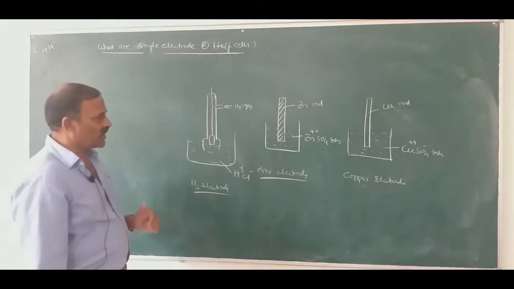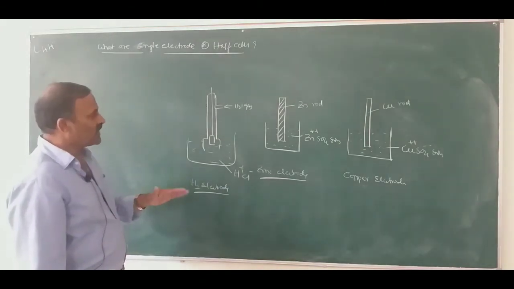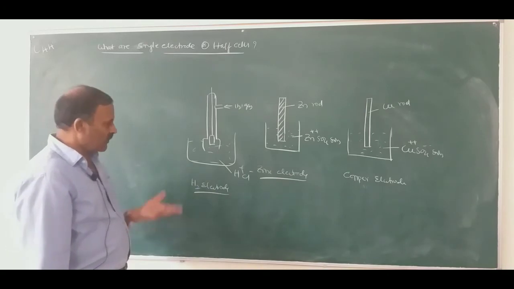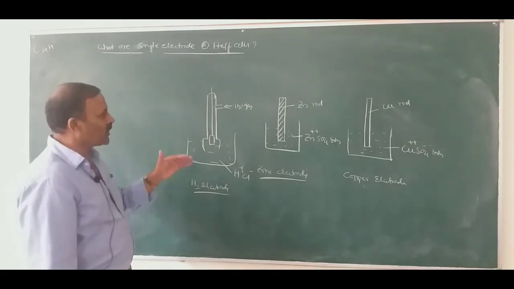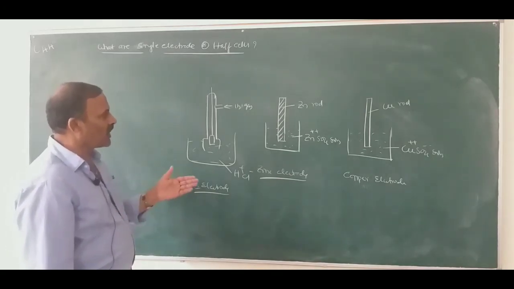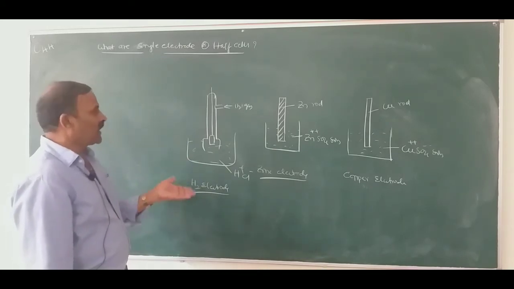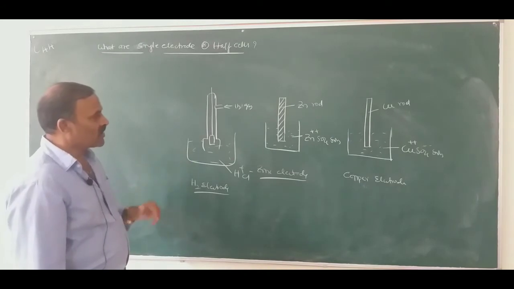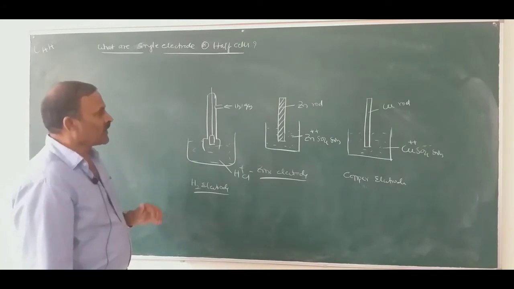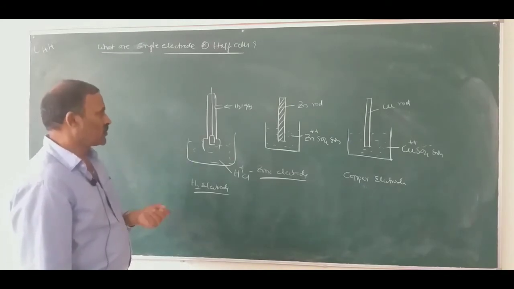So in general, an element, whether a metal or a non-metal, in contact with its ions forms an electrode.